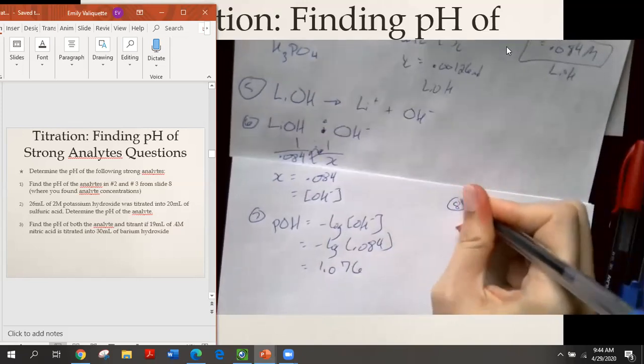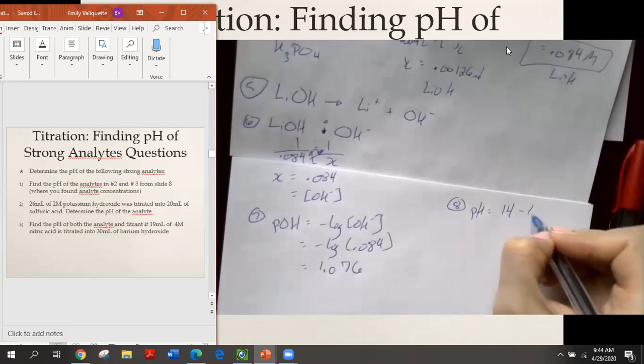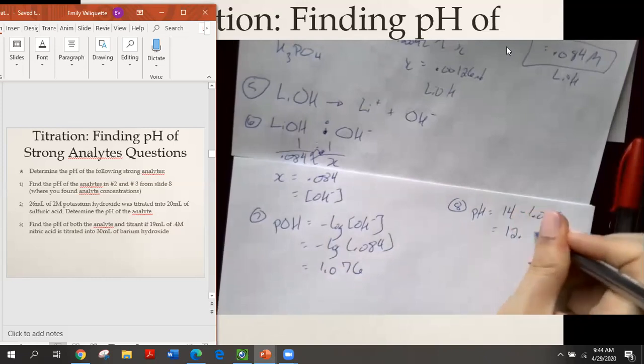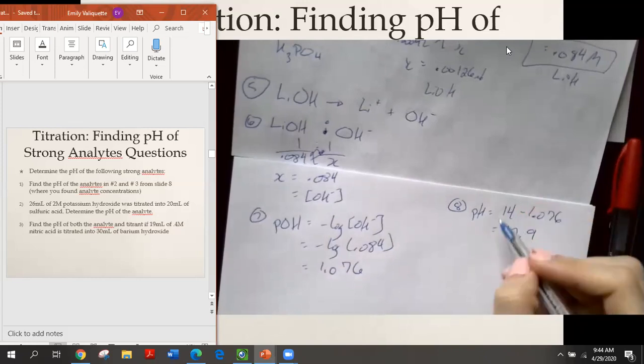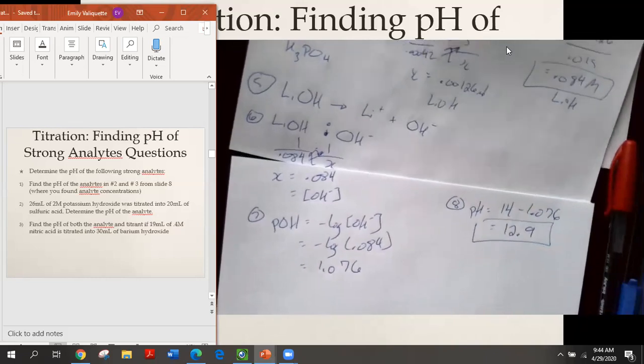And then, of course, step 8, to find the pH, we just subtract that from 14, which is 12.9-ish as our pH.